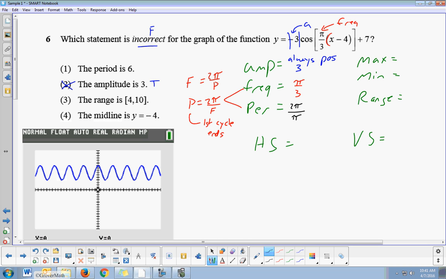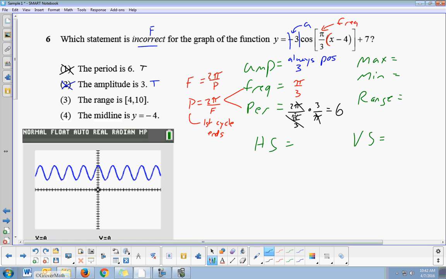And 2 pi divided by pi over 3: when we divide a fraction, we would much rather multiply by a reciprocal. So I'm going to cross that out and make it times 3 over pi. See, my pi's are going to cross out here. I get 2 times 3 is 6, and that means the period is 6 is also true. So get that out of there.